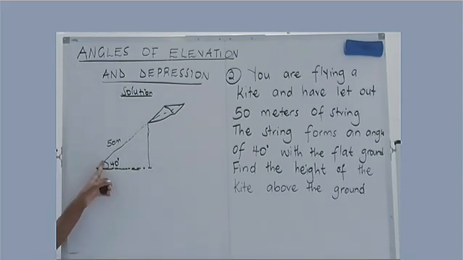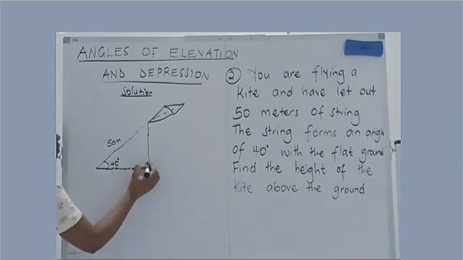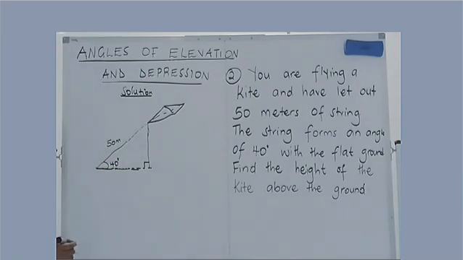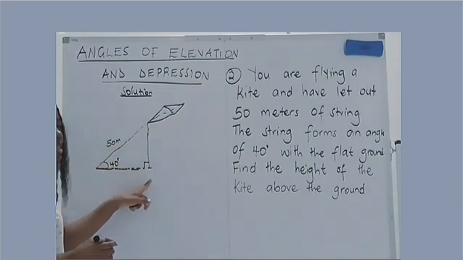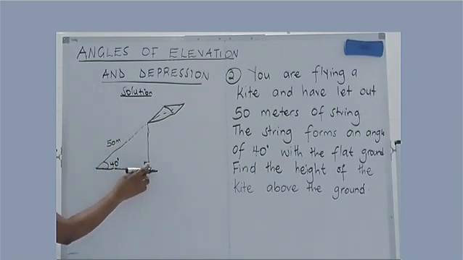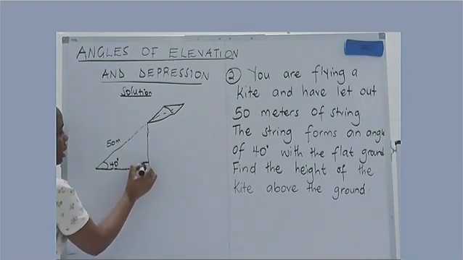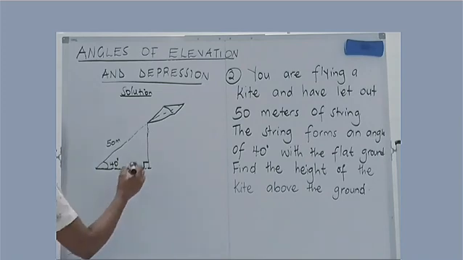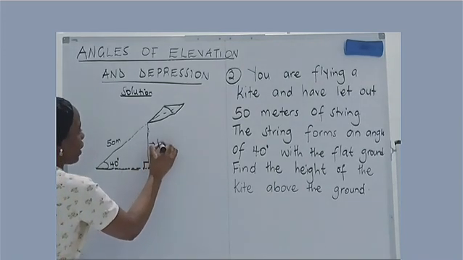So this is an angle of elevation. If this is 90 degrees, we need to get the height. The height is a line that is perpendicular to the ground. So this is 90 degrees, and a right angled triangle is formed. We let this side be h.